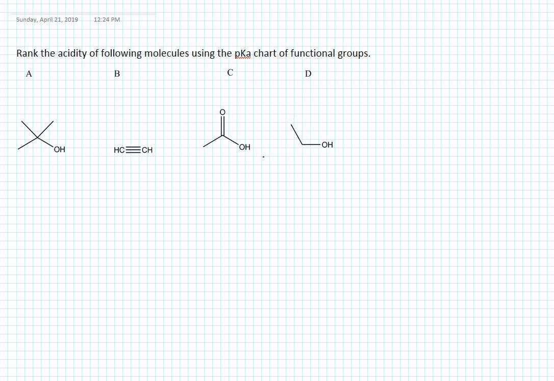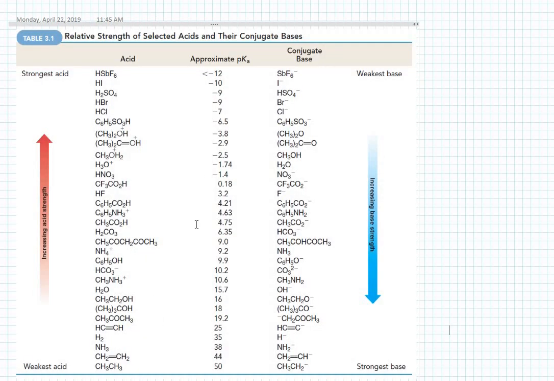So let's look at the pKa table to find the pKa values for these functional groups. Here we have the pKa table of different molecules. Basically, they represent the different functional groups.